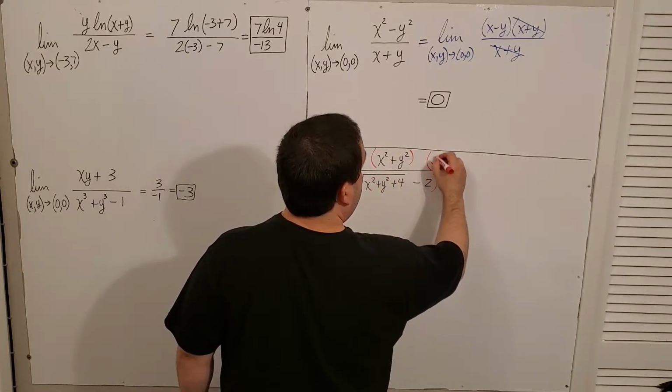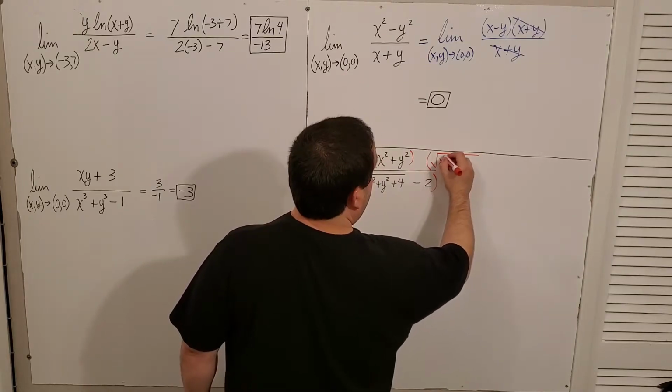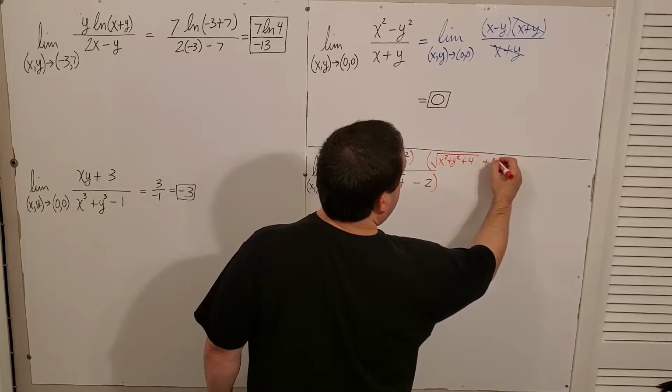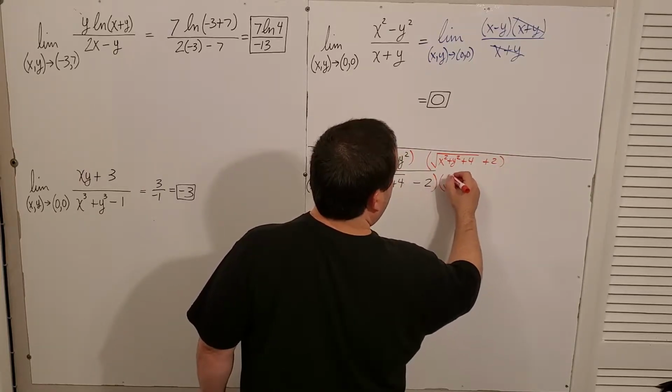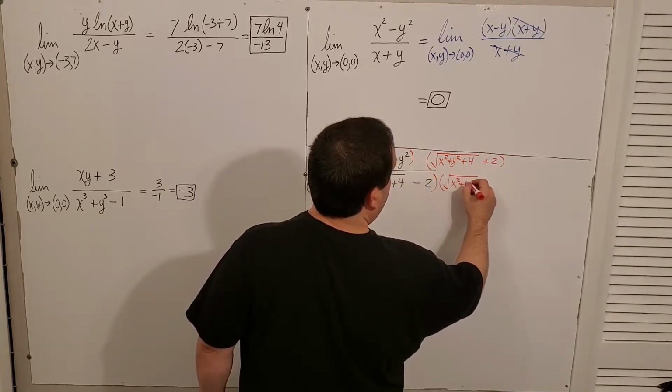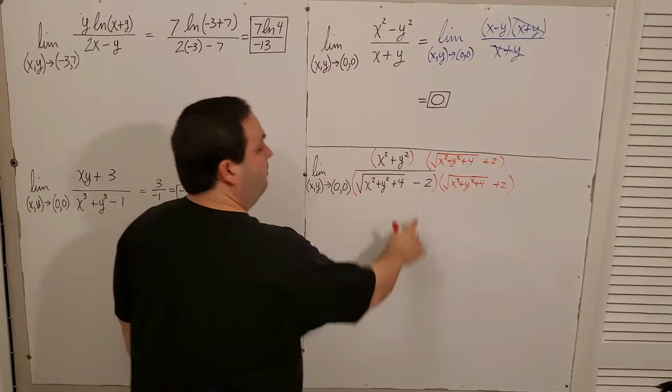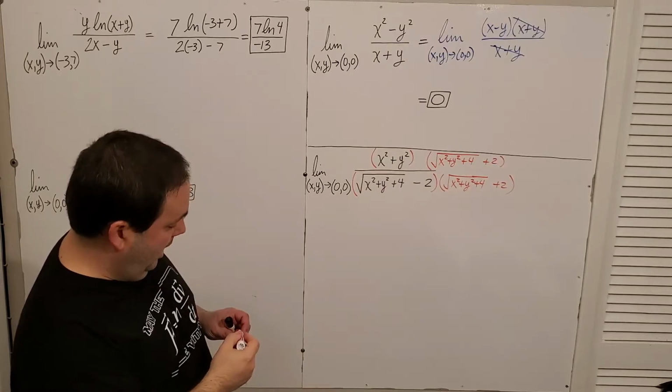So that's going to be the square root of x squared plus y squared plus 4, plus 2. Right? The conjugate is where you just change that sign.